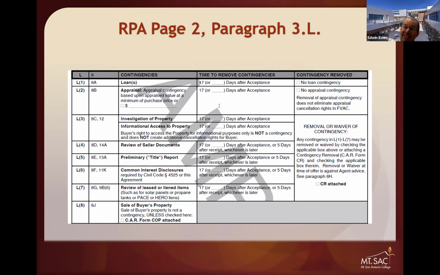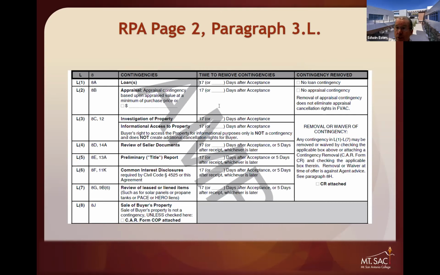But if they've released all their contingencies, including the investigation of property, and then the buyer can't get insurance, the buyer may be in breach of the agreement, could be sued for damages, or forfeit their deposit if liquidated damages applies. Okay, so you need to be careful there.